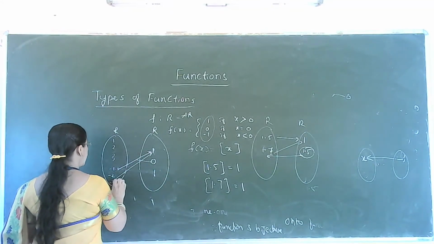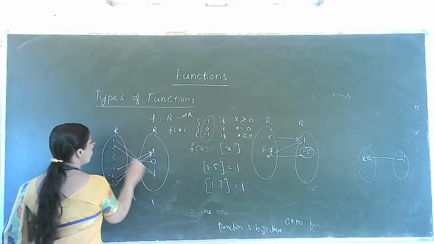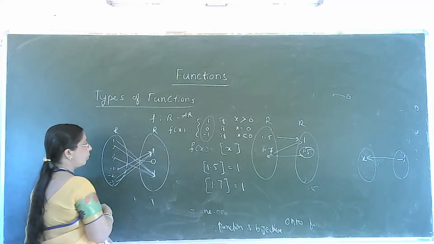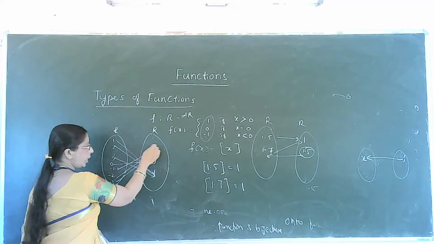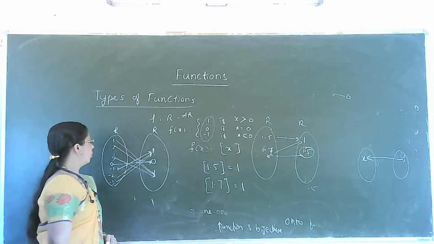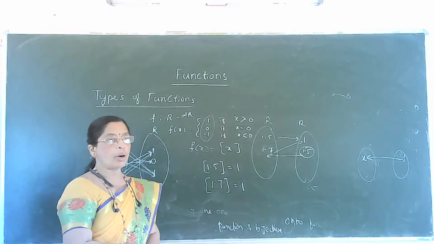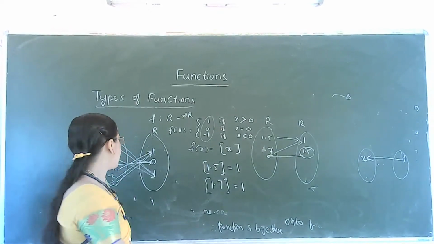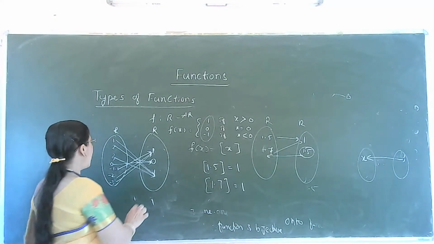Plus 1, 2, and 3 also have image 1. And if it is 0, the image is 0. But here, the elements of the domain do not have separate images. Therefore it is not a one-one function.